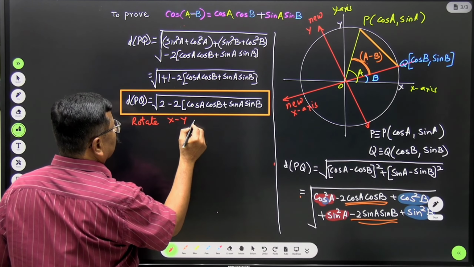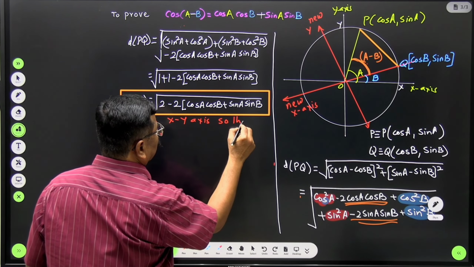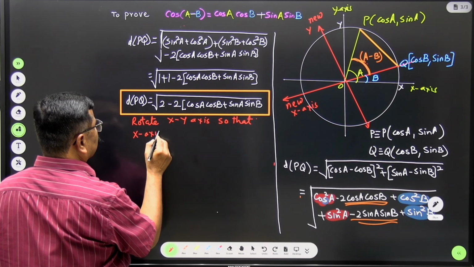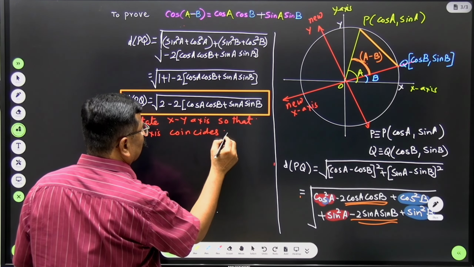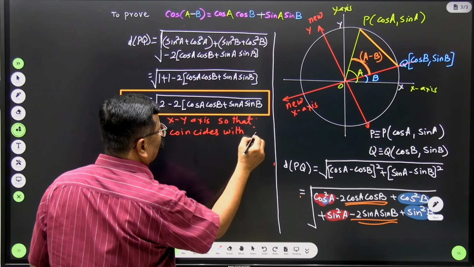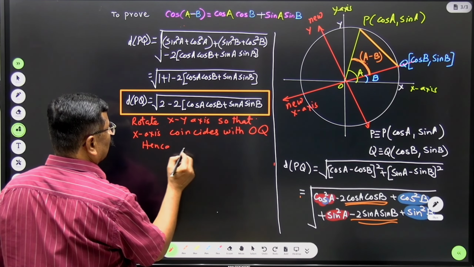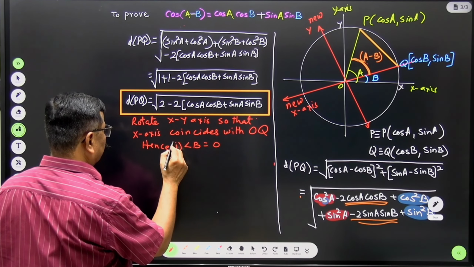So I will write this as: rotate the xy axis so that the x-axis coincides with OQ, hence angle B is 0. This is the first thing.